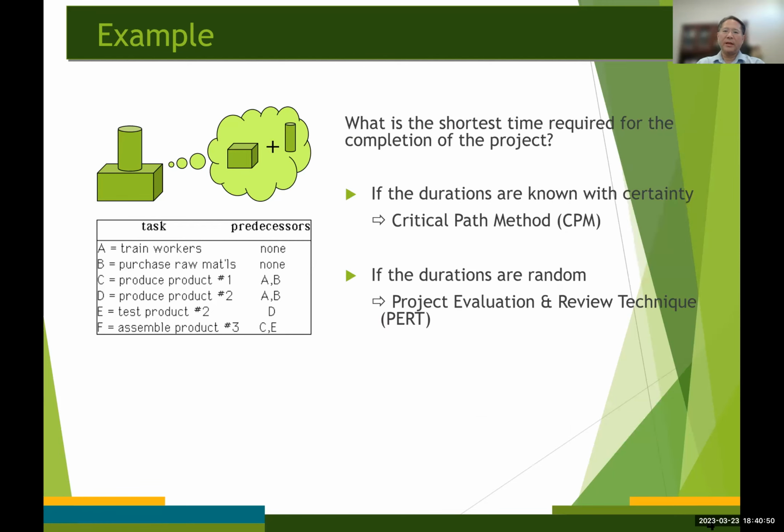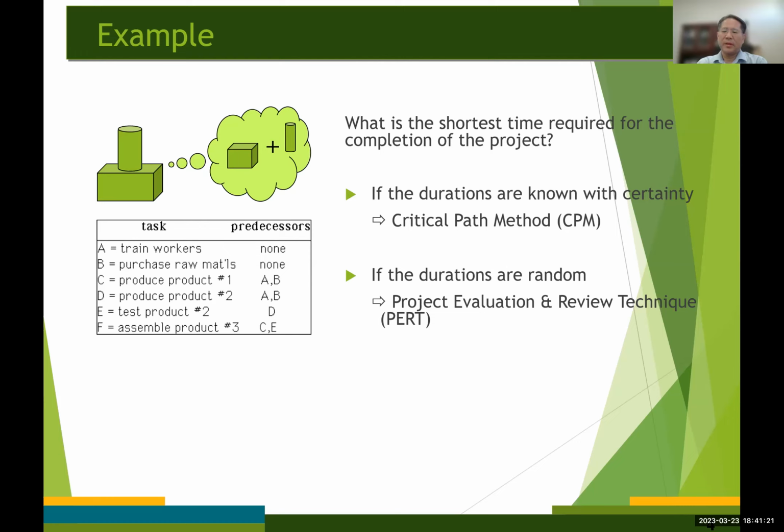Okay, and the goal is to obtain the shortest time required for the completion of the project. Like it says here on this screen, if the duration of each activity is known with certainty, then the CPM, critical path method, can be used to determine the total length of time required to complete the project.